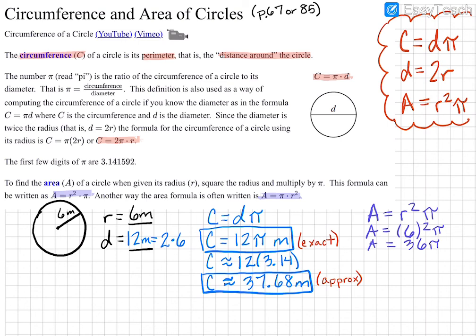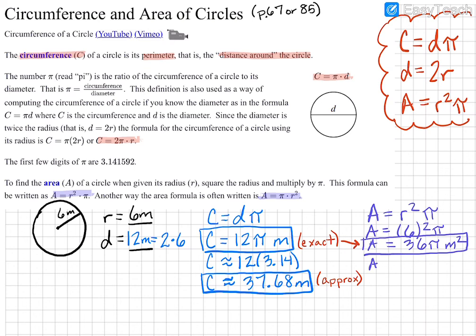Remember, when we find area, we must have units squared, so this would be meters squared. Just like circumference, this is called the exact area because we're leaving it in terms of pi.